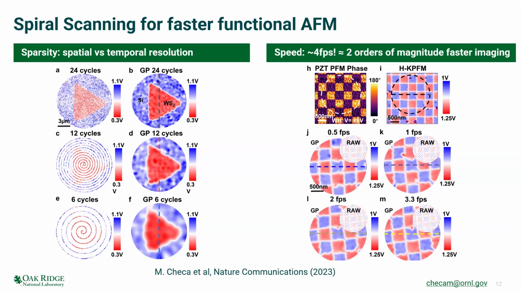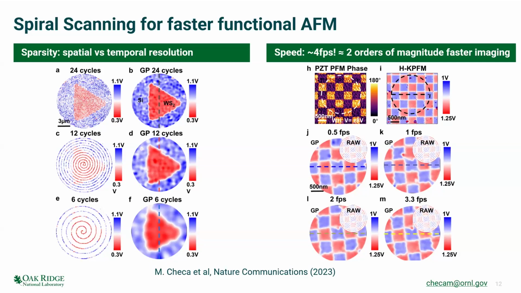And then in terms of speed, I like to show this example where I took a PZT sample and wrote some checkerboard-like domain structure. I started pushing the limits of the piezos as we drive them, and I could get 3.3 frames per second, where we still have a pretty good idea of the underlying polarization structure of our sample.